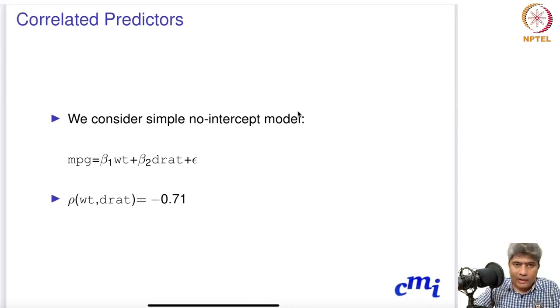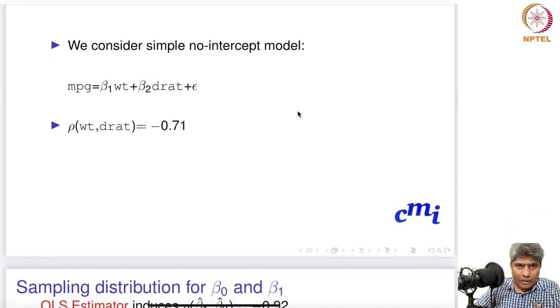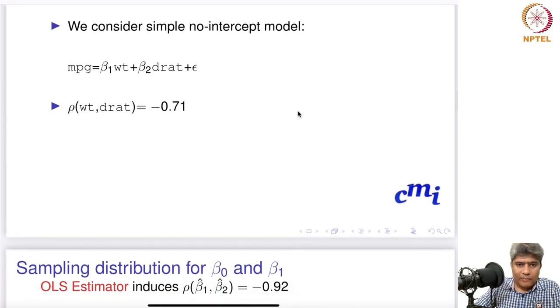Let us try to understand with a simple toy example. I'm considering the mtcars dataset. It's a small toy dataset, but a very good dataset to understand multicollinearity. I'm considering a no intercept model, just to understand the concept.